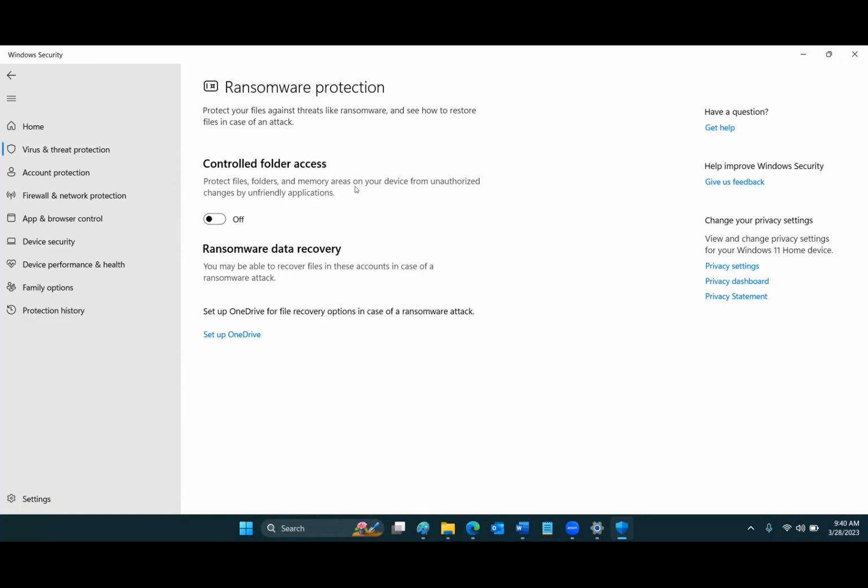Protect files, folders, and memory areas on your device from unauthorized changes by unfriendly applications. If you are not practicing, as an IT professional, the implementation of role-based access control as a policy, protocol, defined practice, best practice, and so on, then this feature could be helpful.